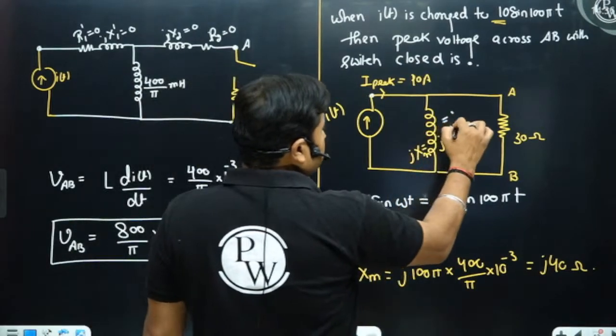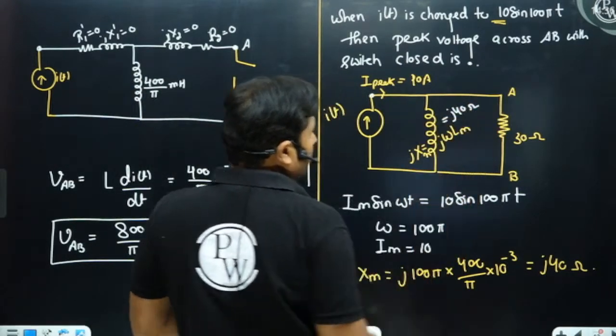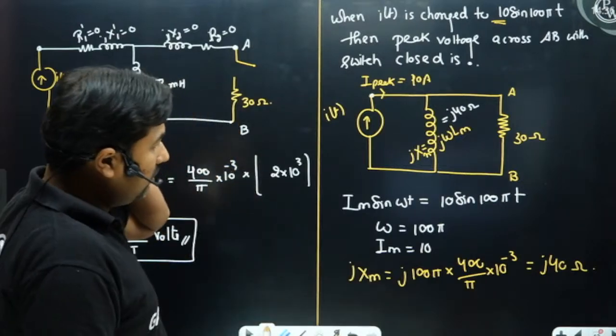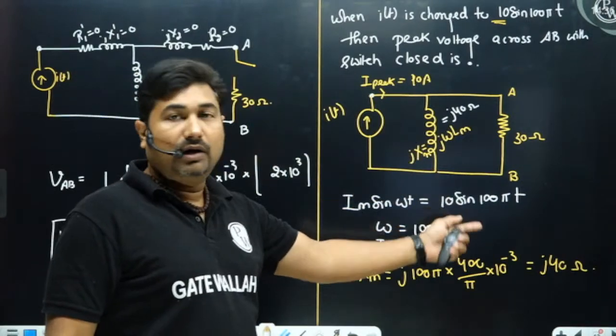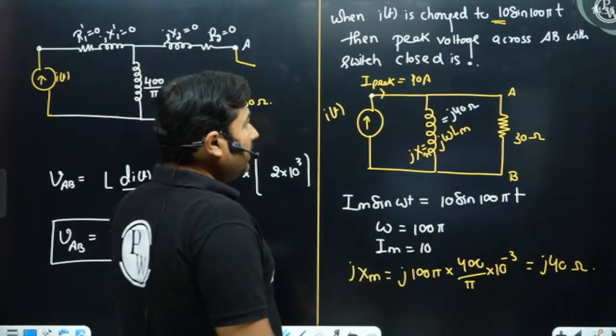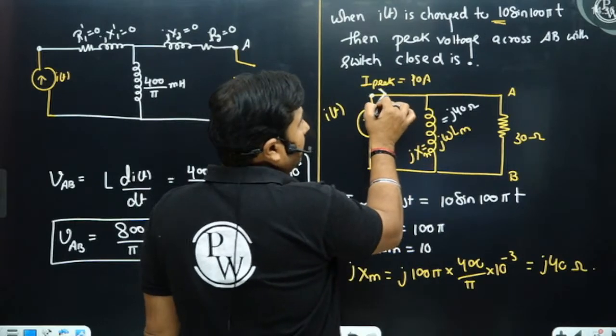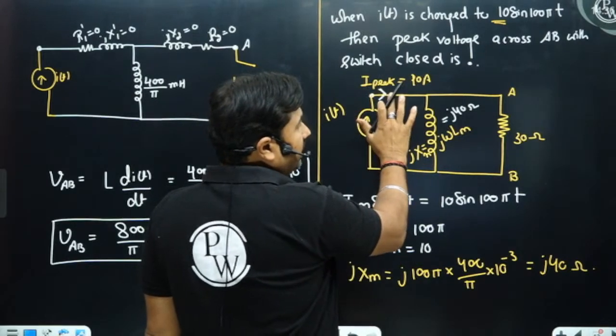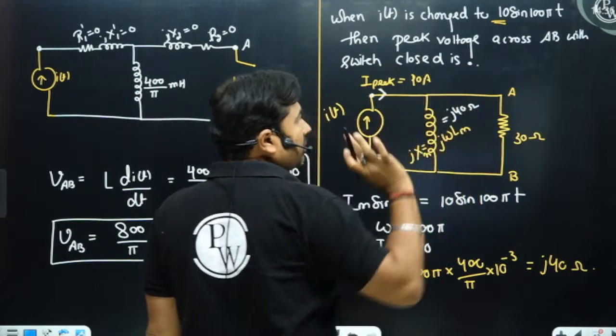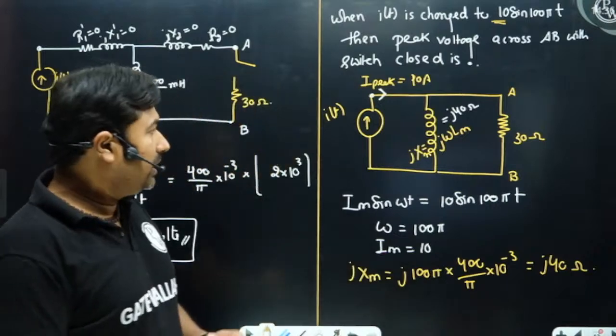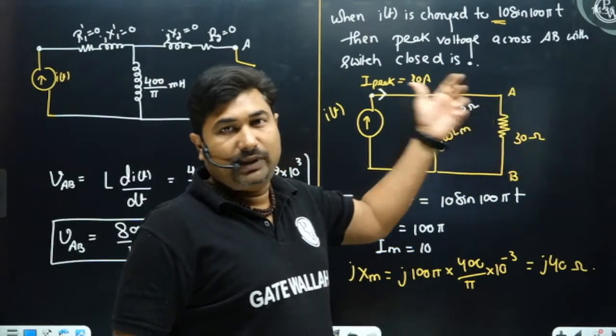So this is your j40 ohm with an omega of 100 pi. Now when the peak current is available here, then only there will be a peak voltage across AB, because peak current multiplied by impedance is your peak voltage.